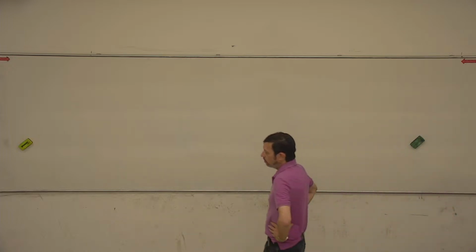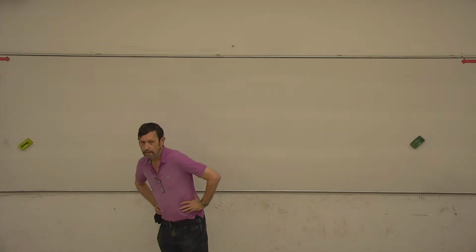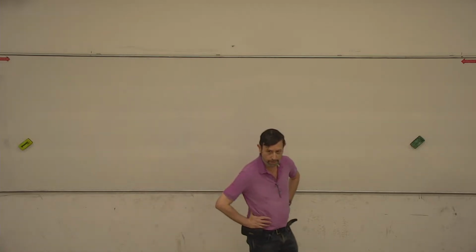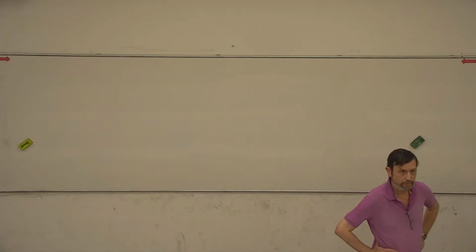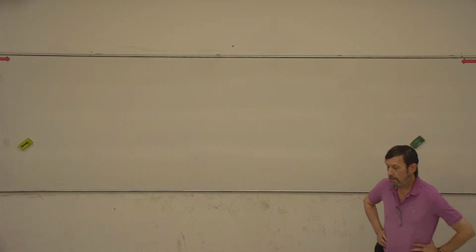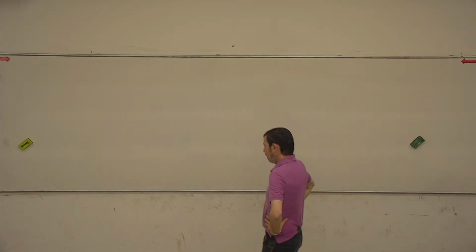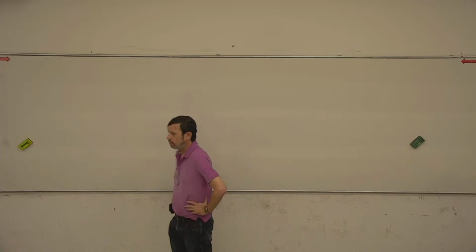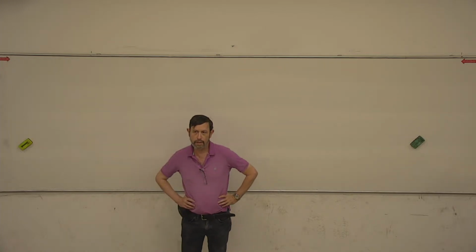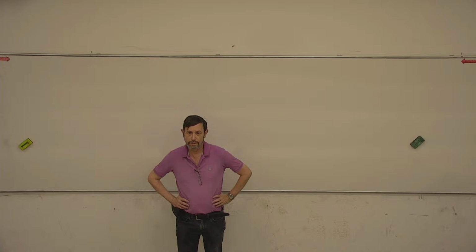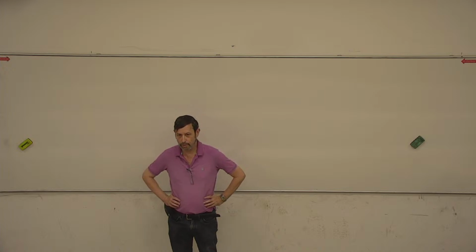Okay, what I'm going to do today is some consequences of this behavior, and writing down actually what we have done in another language, the language of creation and annihilation operators.